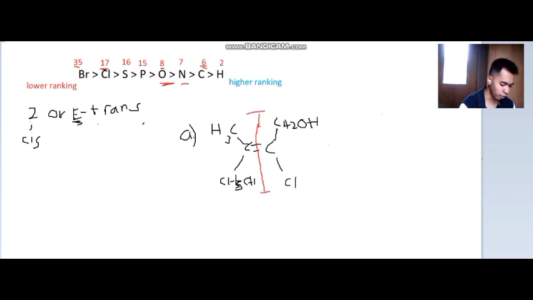So what I meant to say is that if we compare CH2OH to Cl, then of course Cl is much higher, and CH2OH is much smaller, because O is 8 and Cl is 17.